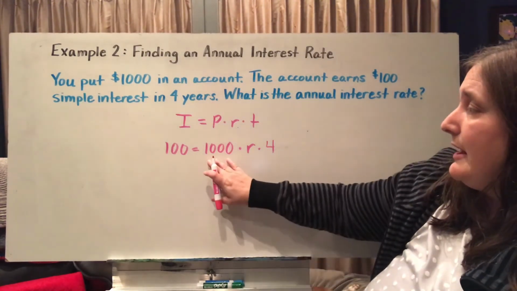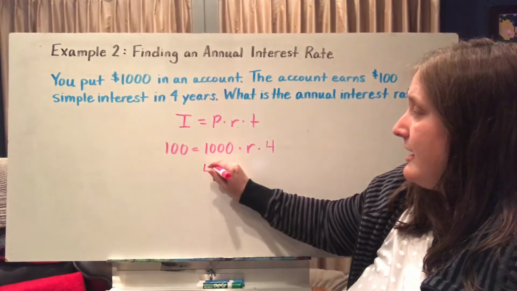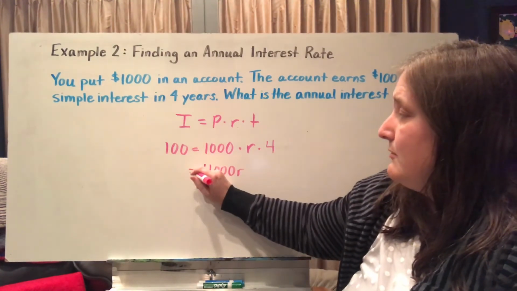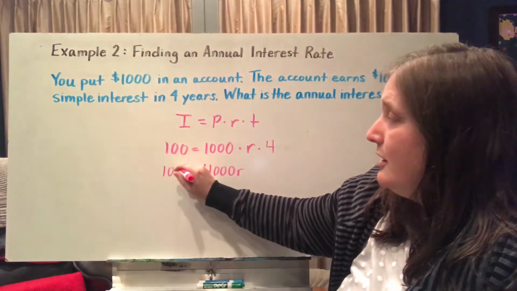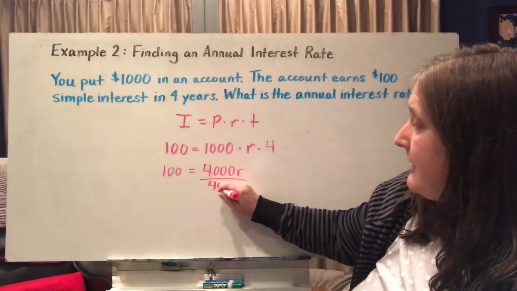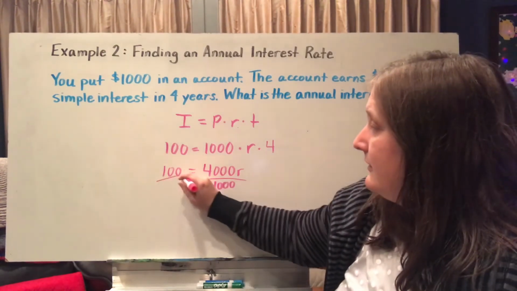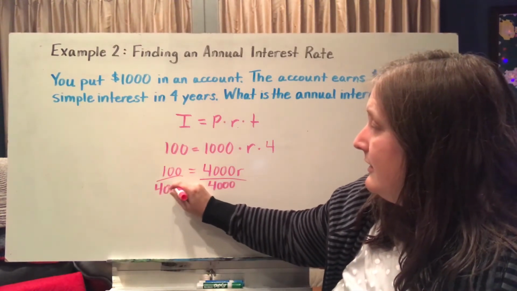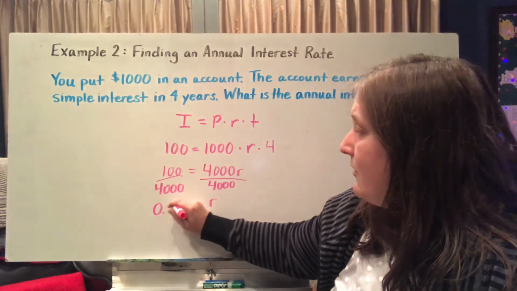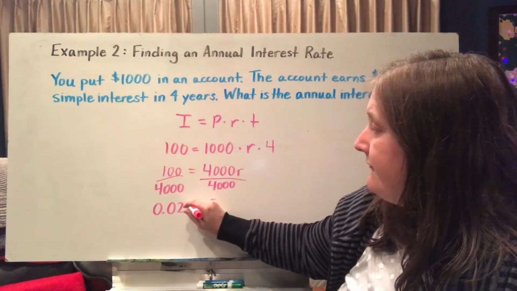So I can multiply 1,000 times 4, and here I have 4,000 R equals 100. So in order to solve for R here, I'm going to divide each side by 4,000. And for R, I get 0.025.